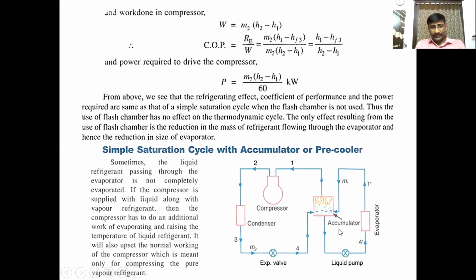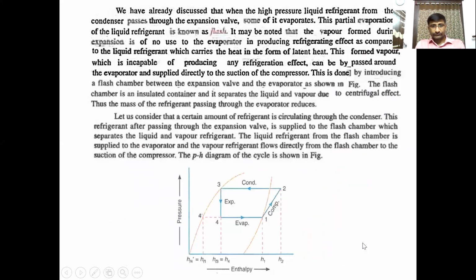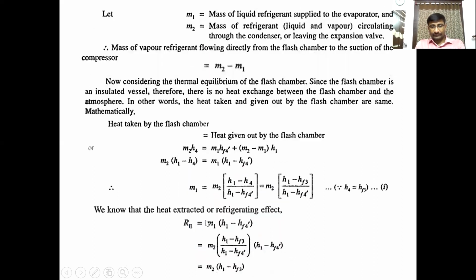In every cycle, M1 amount of liquid will be taken by the evaporator, and the same amount of liquid-vapor refrigerant will be sent back to the accumulator. So M1 into, at which condition will it be taken from the accumulator? This is a pure liquid. That is the 4 dash. Pure liquid it is. Clear?